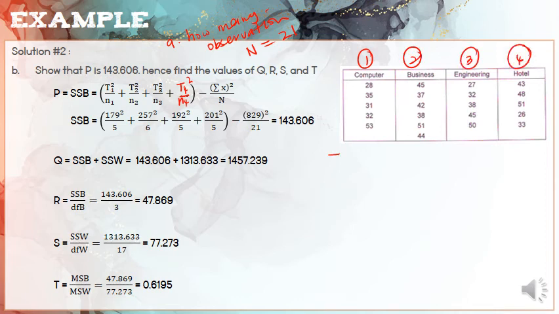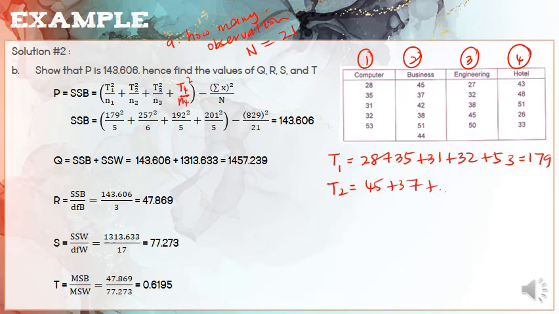So, T1 is the sum of the first group: 28 plus 35, and so on, it gets 179. T2 is the sum of the second group: 45, 37 onward until 44. It gets 257. Same goes for the third group and the fourth group.